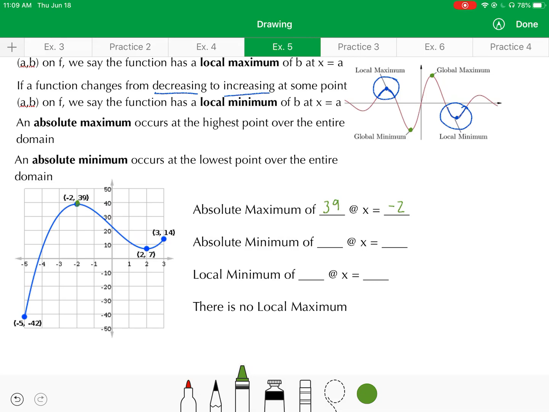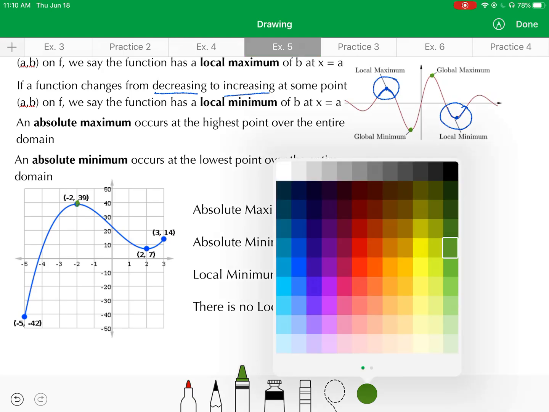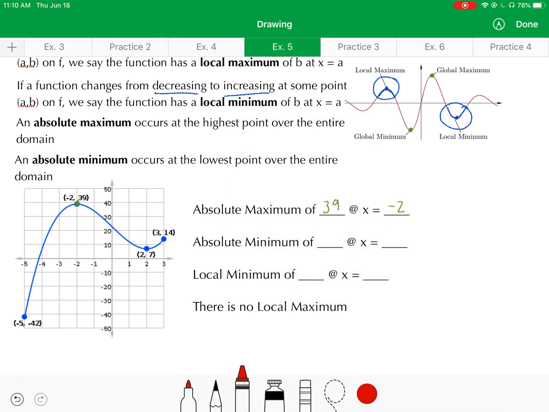So it's the y value that's considered the absolute maximum, the 39, and we're just saying where it's located by listing the x value, okay? Absolute minimum would be the lowest point of the entire curve, which is right here. I would say my absolute minimum is -42 at an x value of -5.